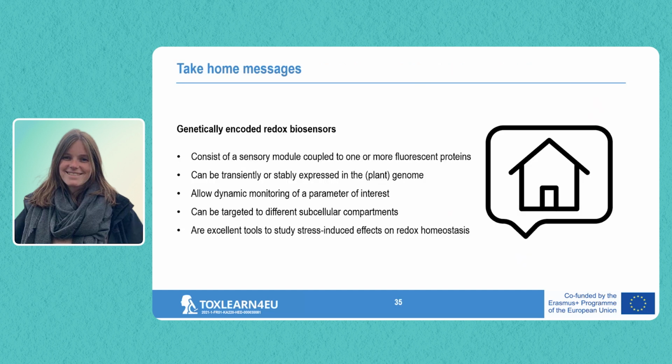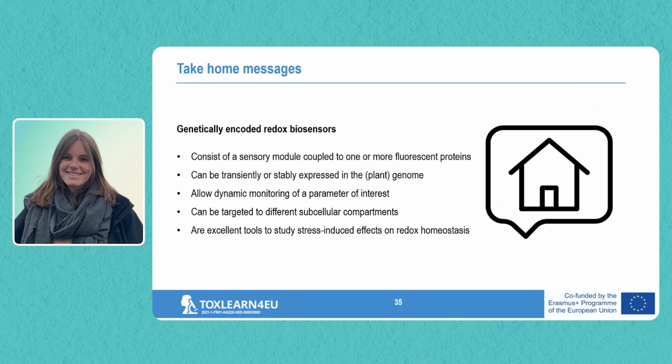So then just a last slide with a few take-home messages. So what you should remember is that genetically encoded redox biosensors consist of a sensory module coupled to either one or more fluorescent proteins. They can either be transiently or stably expressed in the plant genome, plant between brackets, because you can also use it in other species. They allow dynamic monitoring of a parameter of interest.